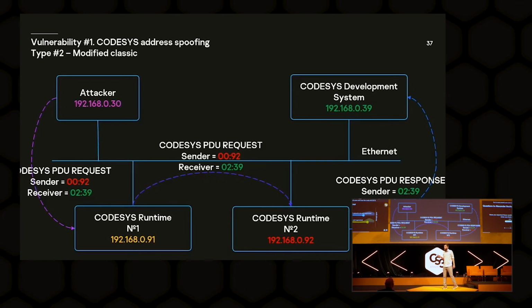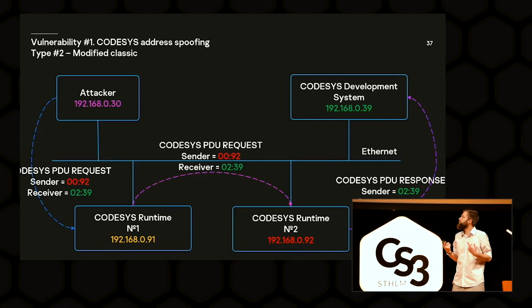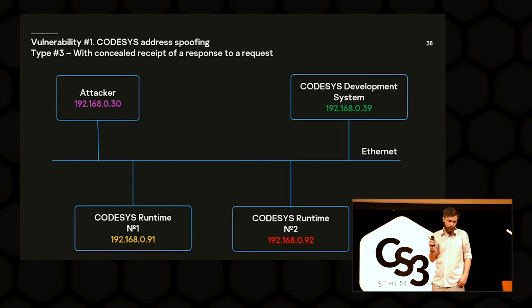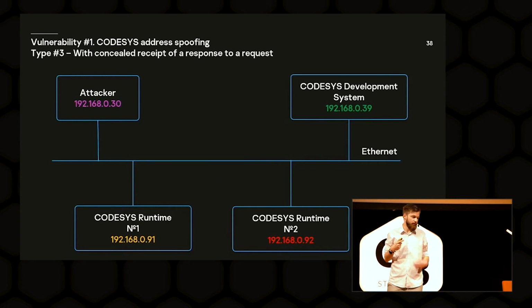So it's a way to use one additional node as a proxy and make this type of IP spoofing attack harder to understand and harder to investigate.